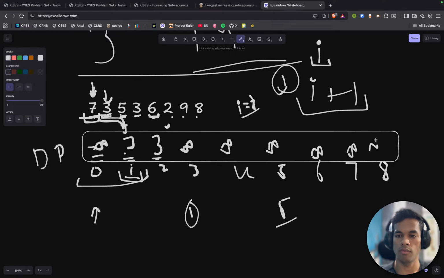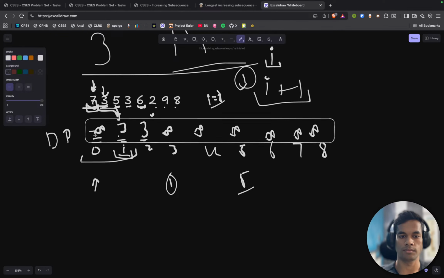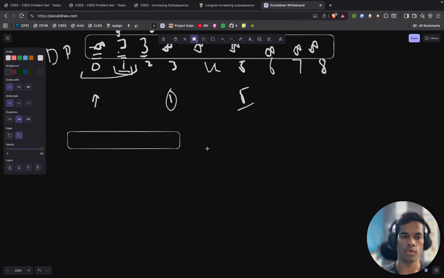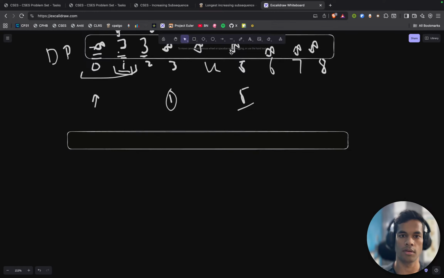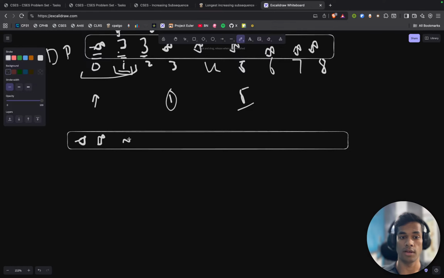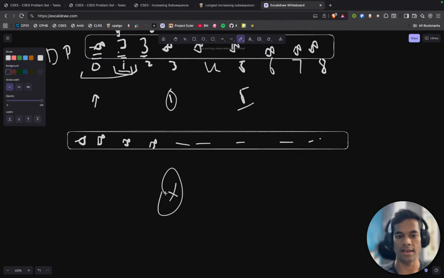And now whenever I see a number, initially it is monotonously increasing, right? Initially the first value is minus infinity, then infinity, infinity, infinity, all the way. And when I see a number x, I am looking for the biggest number that is smaller than x.